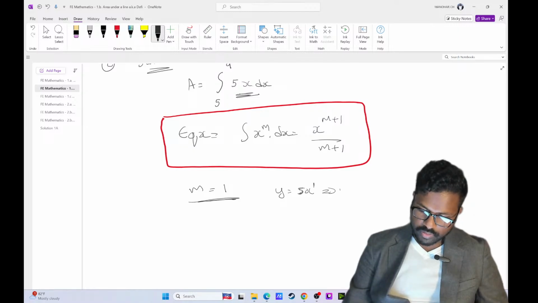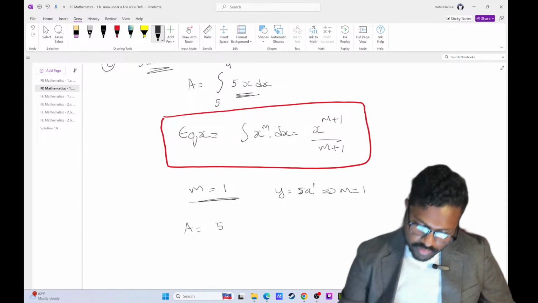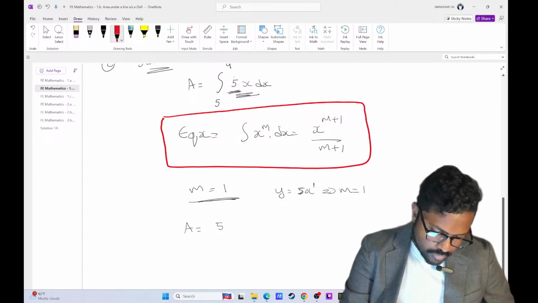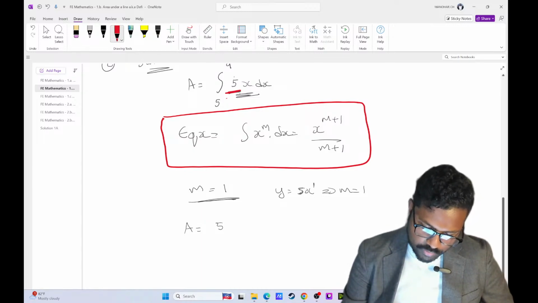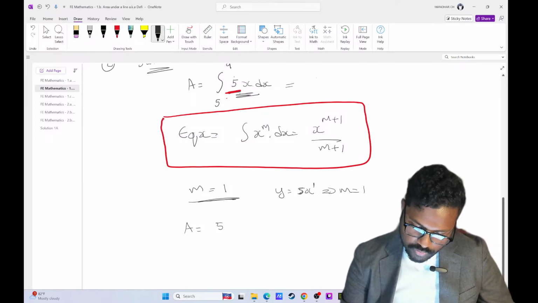So that means m is equal to 1. The constant 5 can simply be written outside to simplify this equation. So this comes down to 5 into the integral from 5 to 9 of x dx.